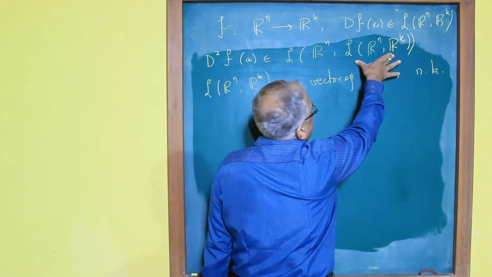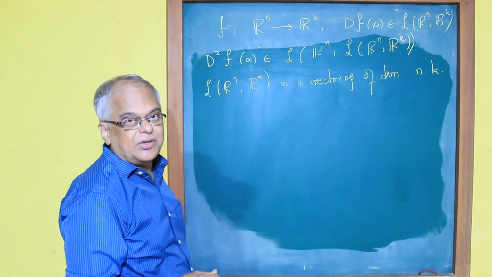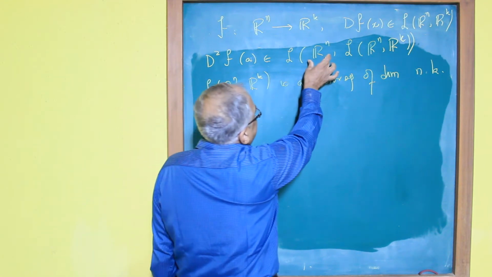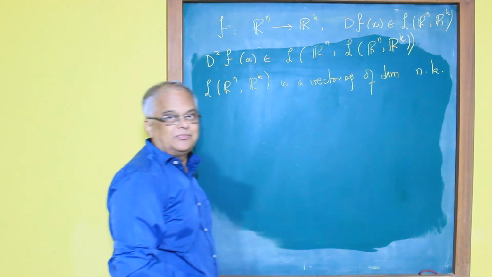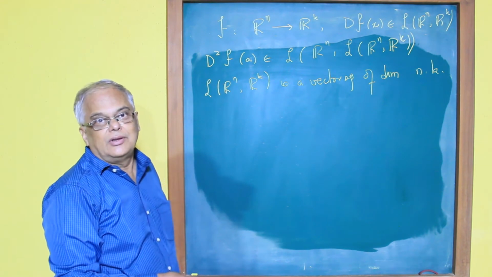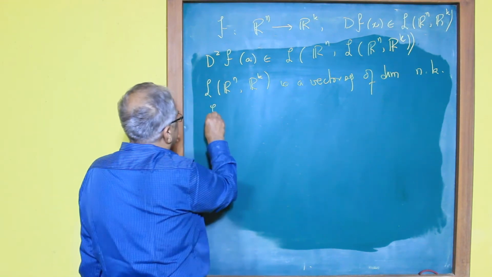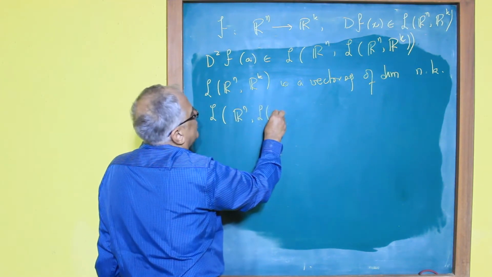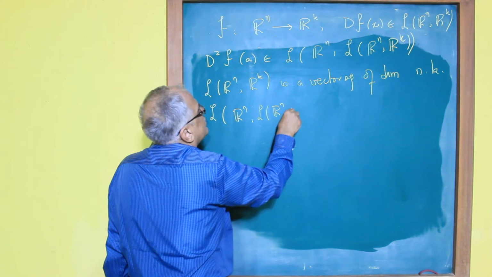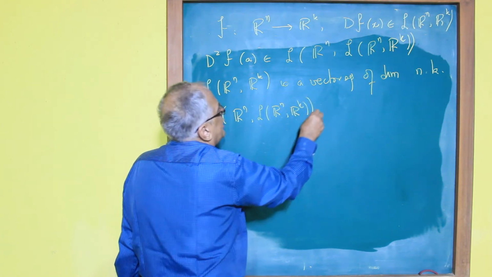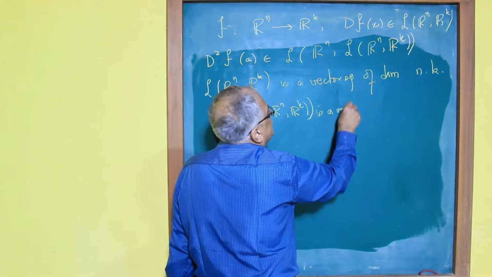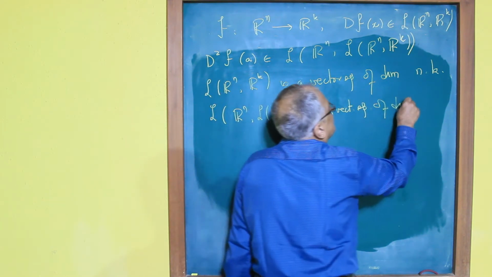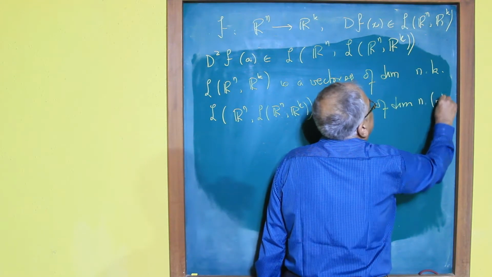So the object here is a vector space of dimension n times k, and linear maps between this vector space and that vector space also form a vector space. Therefore, linear maps from Rn to linear maps from Rn to Rk is a vector space of dimension n times nk.